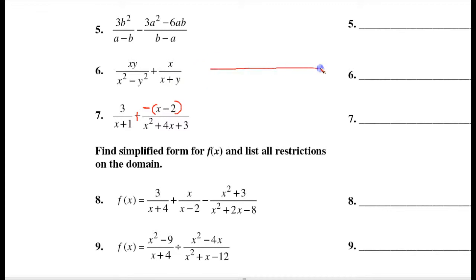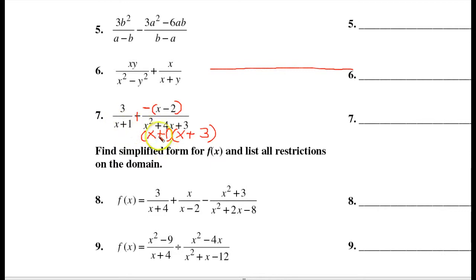Now what I have to do is figure out what's my common denominator here. Well, we know this is just x plus 1, but when I factor this, this factors into x plus 3 and x plus 1. So I have this is there.